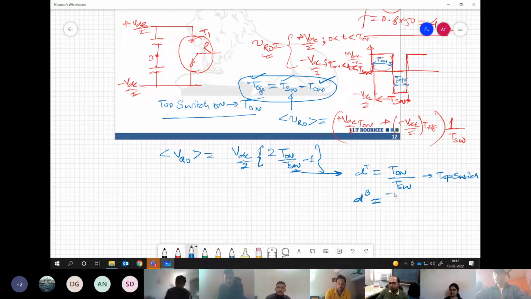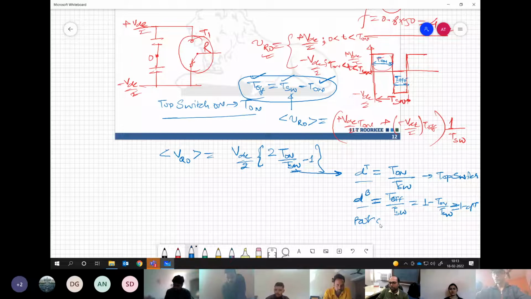Similar way you can say that it is 1 minus T on by TSW. Yes, exactly. So either you can say T off by TSW or you can say 1 minus T on by TSW, and in effect it is 1 minus D. Correct? So this is how the top and bottom switch duty ratios are related.